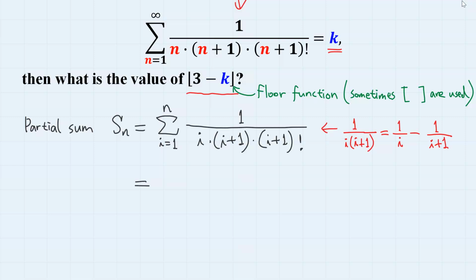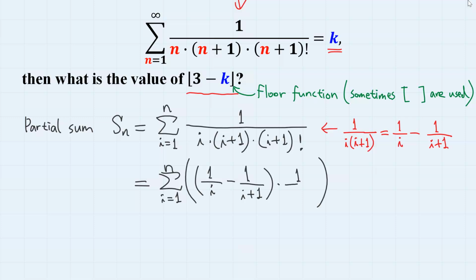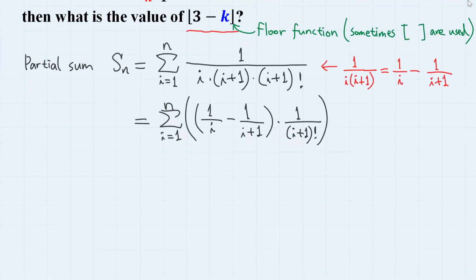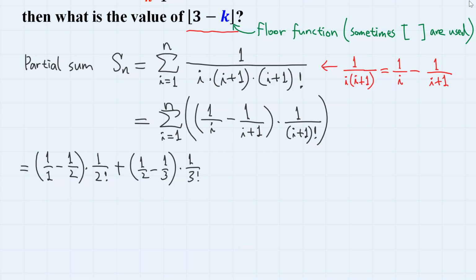So the partial sum can be expressed as sigma of 1 over i minus 1 over i plus 1 times 1 over i plus 1 factorial, which is 1 over 1 minus 1 over 2 times 1 over 2 factorial, plus 1 over 2 minus 1 over 3 times 1 over 3 factorial, plus 1 over 3 minus 1 over 4 times 1 over 4 factorial, and so on.